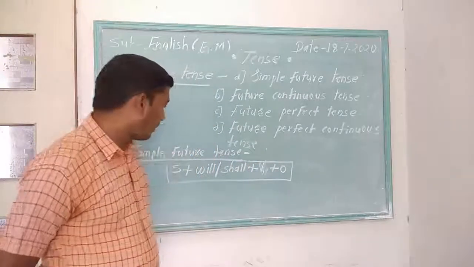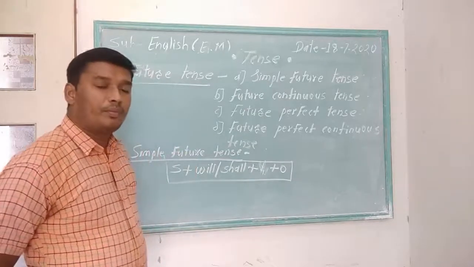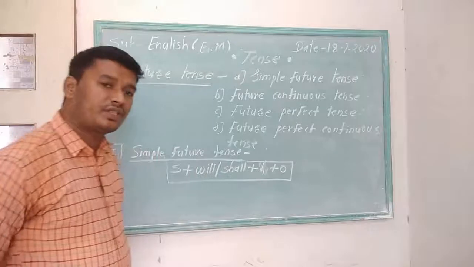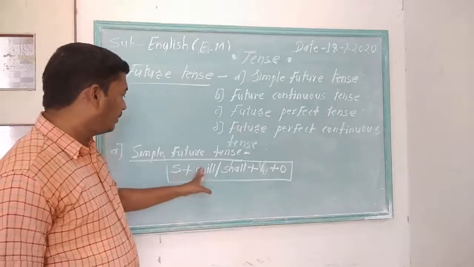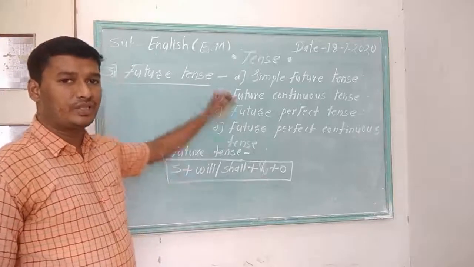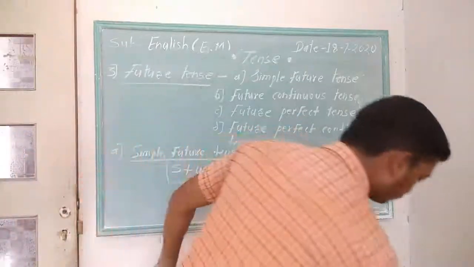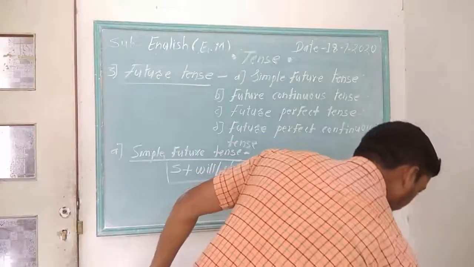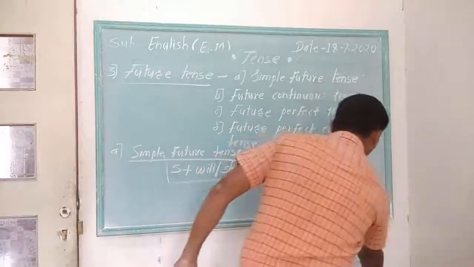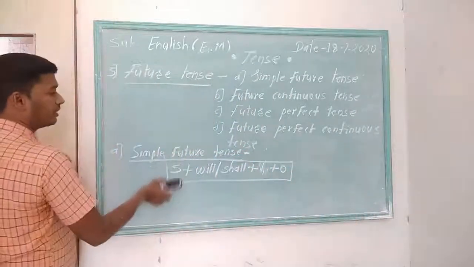Full stop. After this information, take this structure by red pen: S plus will or shall plus V1 plus O. Then I give some examples of simple future tense. That's the structure.